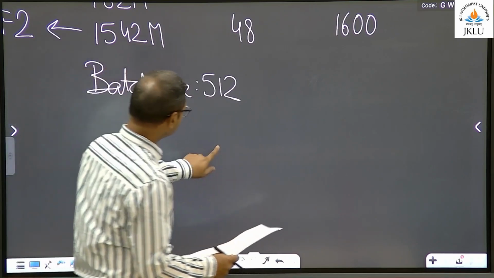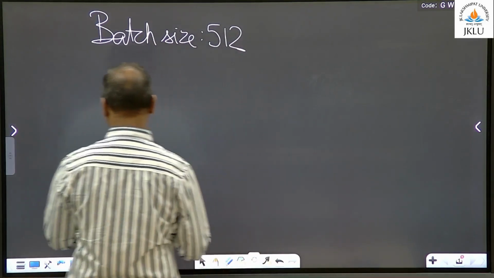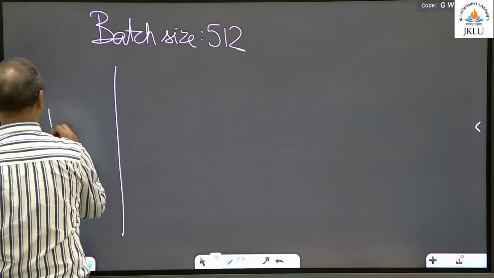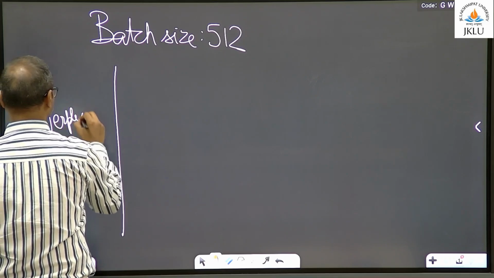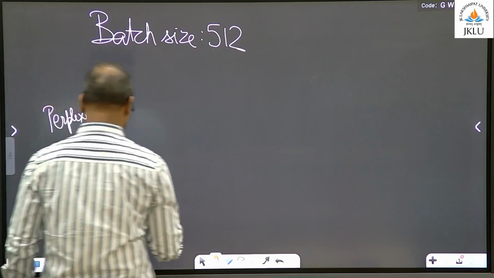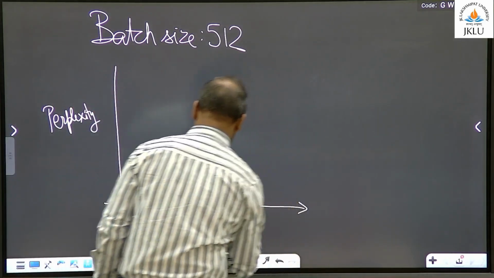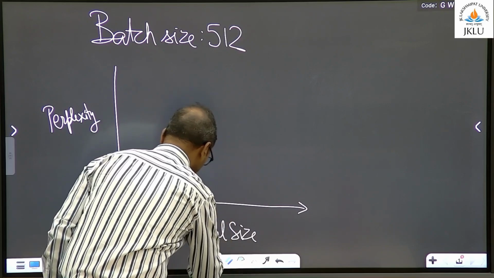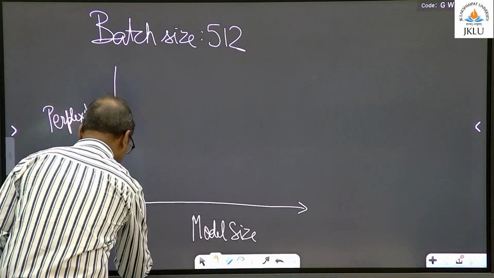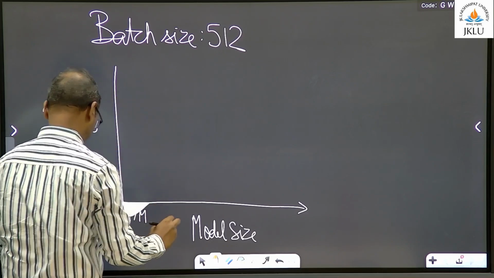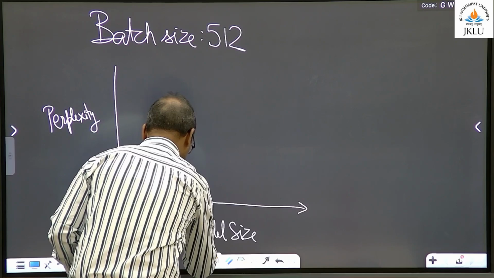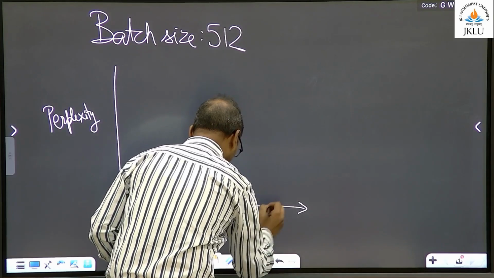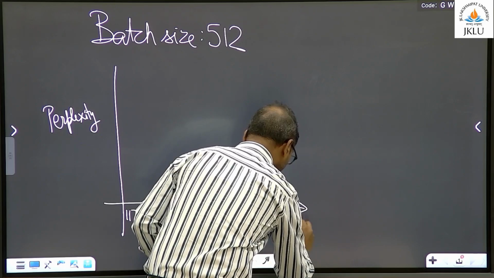So, last thing, this is figure 4 of the paper. This is perplexity. This is model size, and model size started from 117M, 345, 762, all are in millions, 1542.